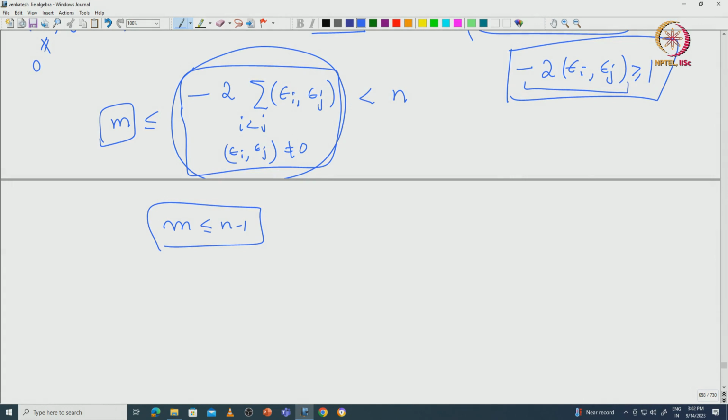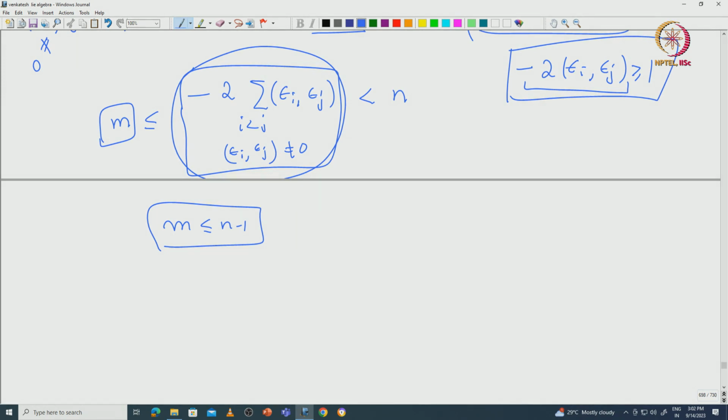A simple graph is a graph in which either you have an edge between two given vertices or not. So, no multiple edges are allowed. But even for a simple graph, if the number of edges is at most n minus 1, where n is the number of vertices, then that graph must actually be a tree.